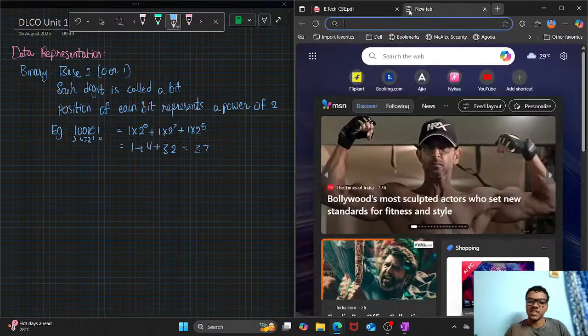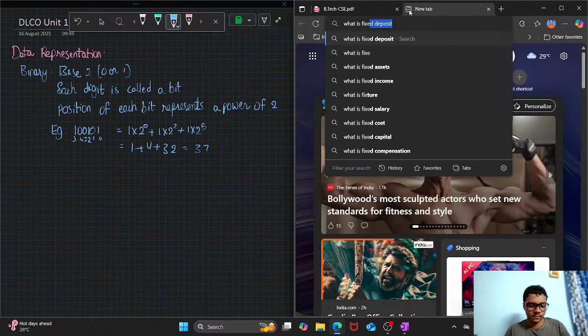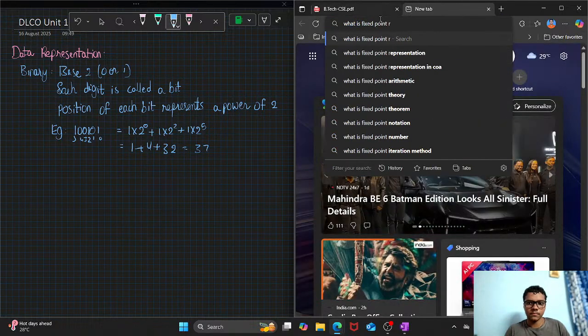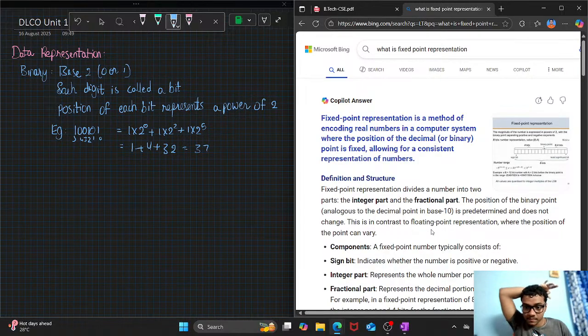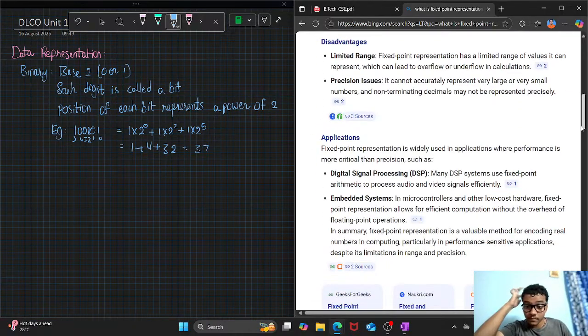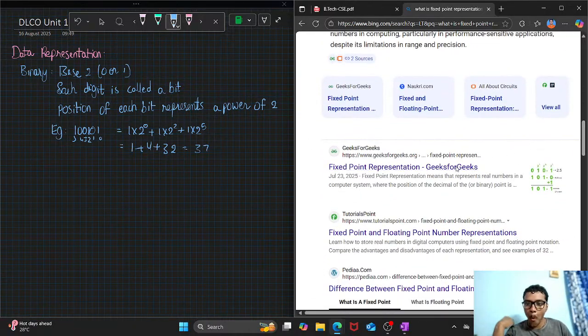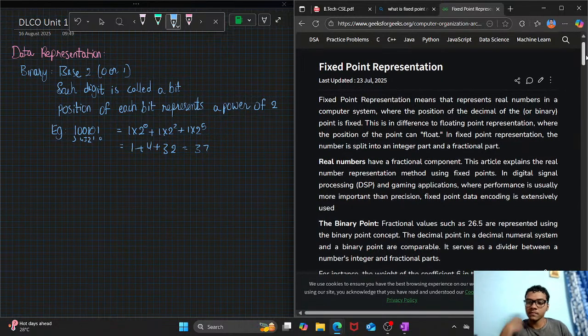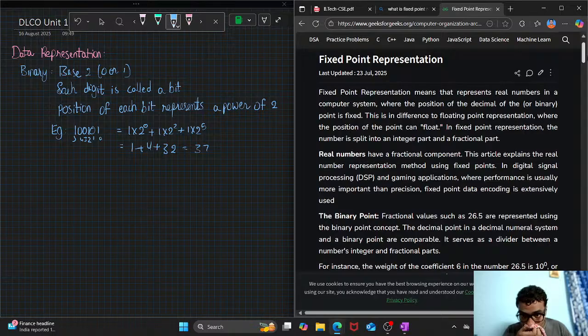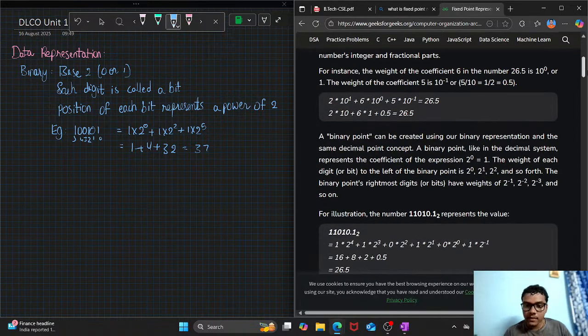And what is fixed point representation? The method of encoding real numbers in a computer system where the position of the decimal is fixed, allowing for consistent representations.